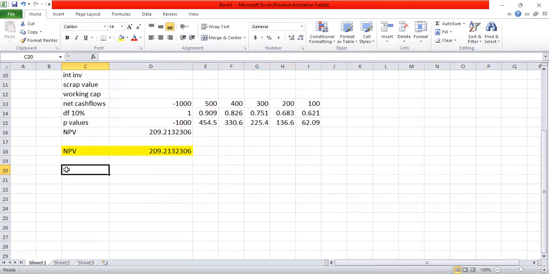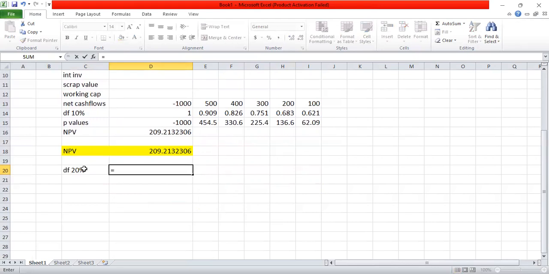Now see guys, in the previous method which we followed, you must have 2 rates and 2 NPVs. Like at 10%, NPV is coming as positive. For example, let's choose another rate. Now we choose the discount factor of 20%. At 20%, you have to again compute the working.